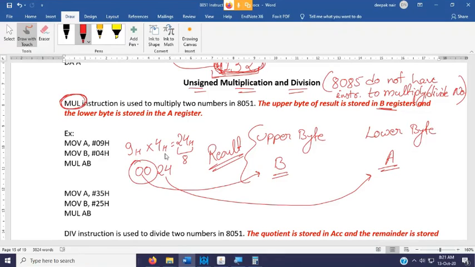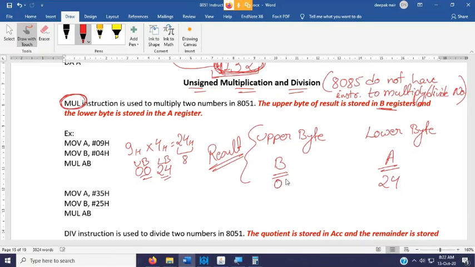Remember 24 is the answer, but written in 16 bits it is 0024. So the upper byte is 00, the lower byte is 24. So 24 went to A and 00 was loaded in B.